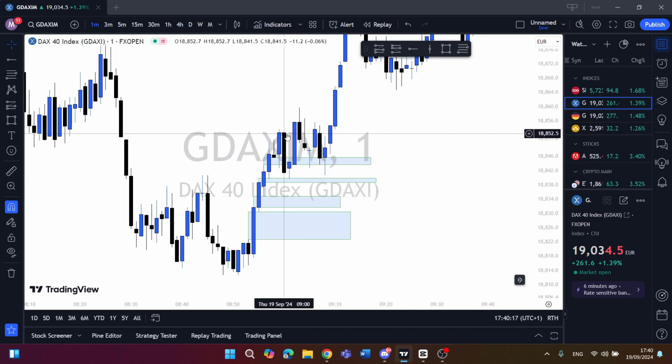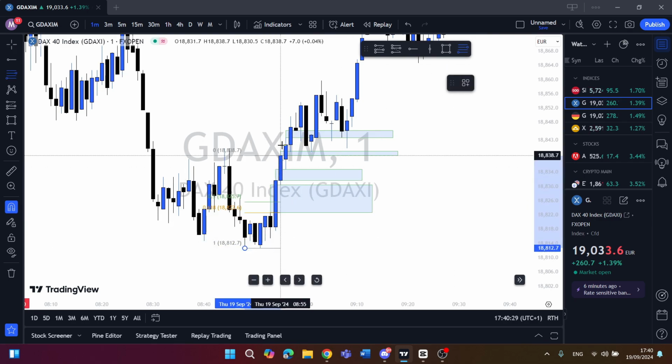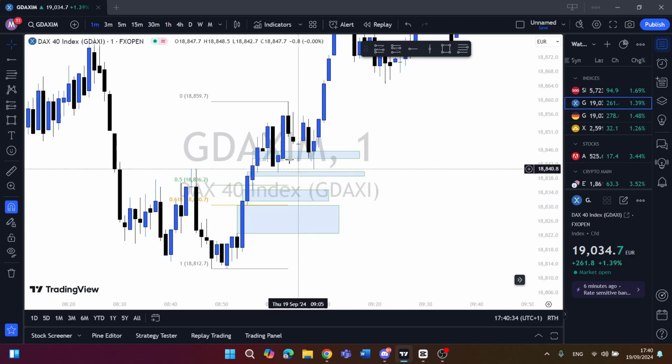So the price shot up and then it went into this fair value gap. However, I did not want to enter off here, as I looked at the equilibrium and it was not like in the buy side.